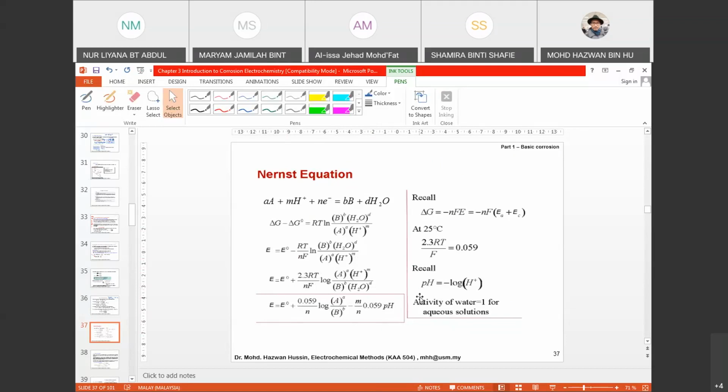Another thing that I want you to remember is that pH is always related with the activity or the concentration of H+. Over here you will see a component of log H+, which can be simplified to form this term, pH.